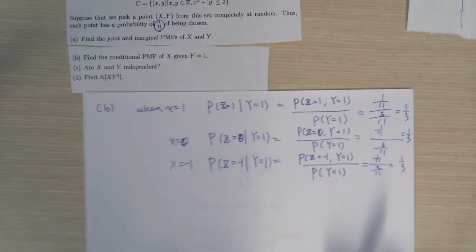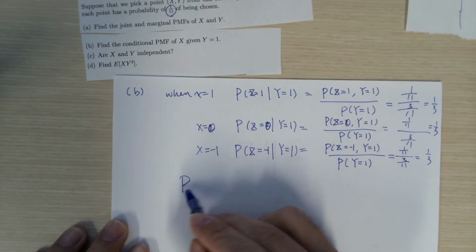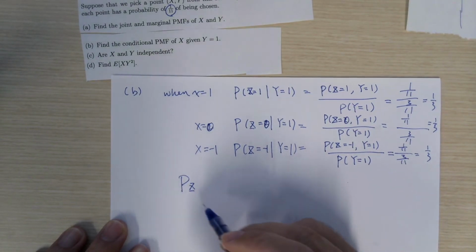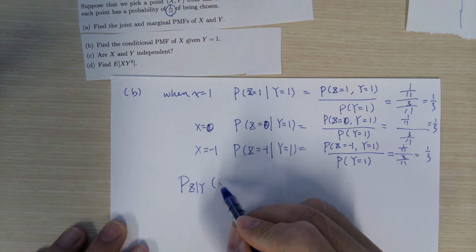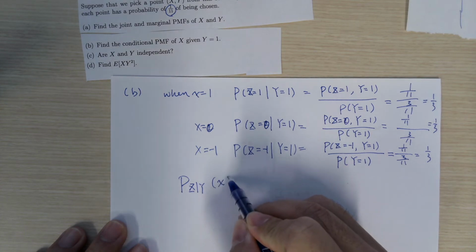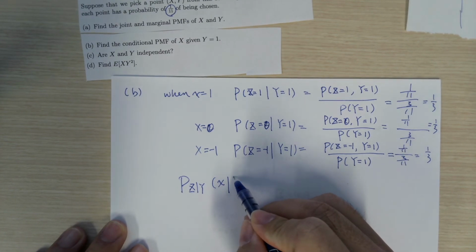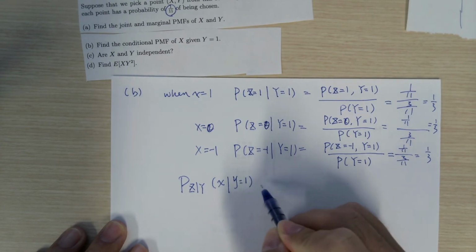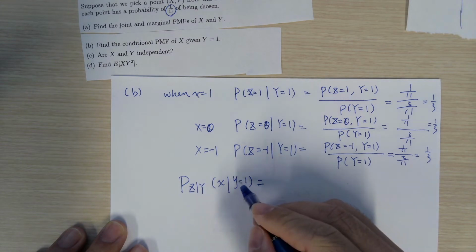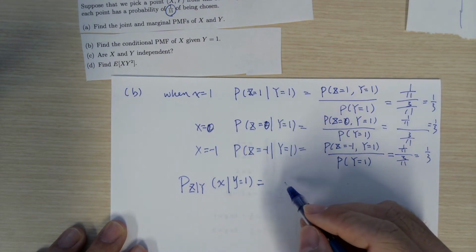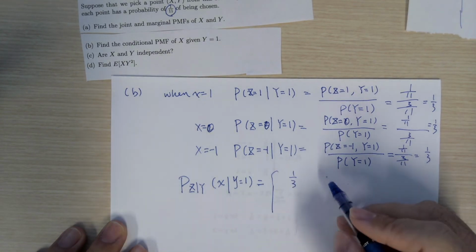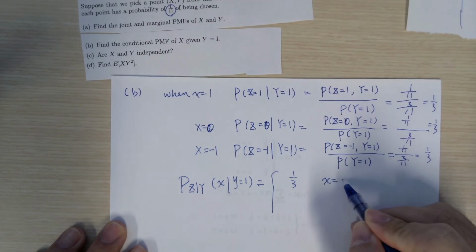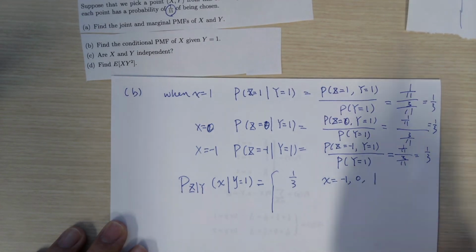So put all these pieces together. The conditional PMF of X given Y equals 1 equals 1 over 3 when X equals negative 1, 0, and 1.